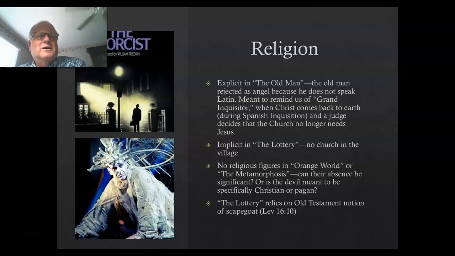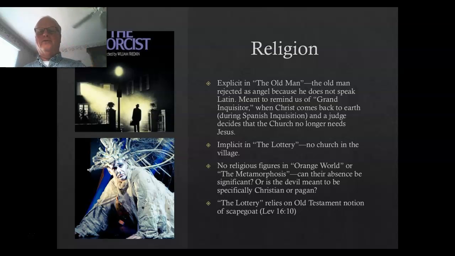There is this notion that comes from the Old Testament that actually is also common in other religions that come from the Middle East, like Christianity and Judaism do, and Islam does, where there's this idea of a scapegoat, where a tribe or a village gets together and lays all of the sins of the village onto one person and then sends that person out to die in some kind of ritualized fashion. Either the selection of the person is ritualized or the death is ritualized. In this particular story, both of those happen.